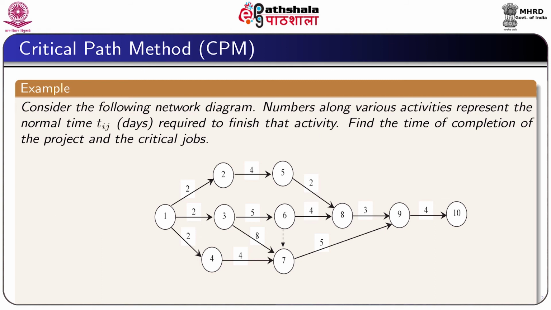Numbers along various activities represent the normal time Tij in days required to finish that activity. So, numbers over arrows denote the normal times of activities. We have to find the time of completion of the project as well as the critical activities.